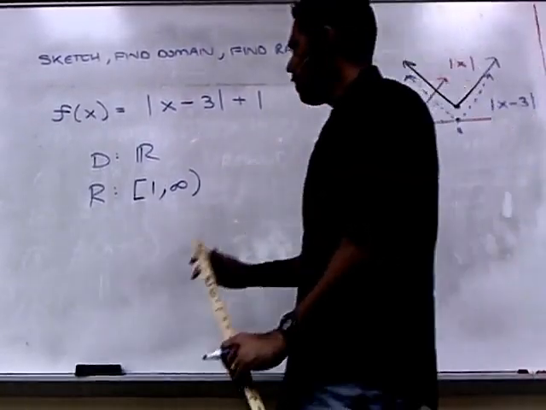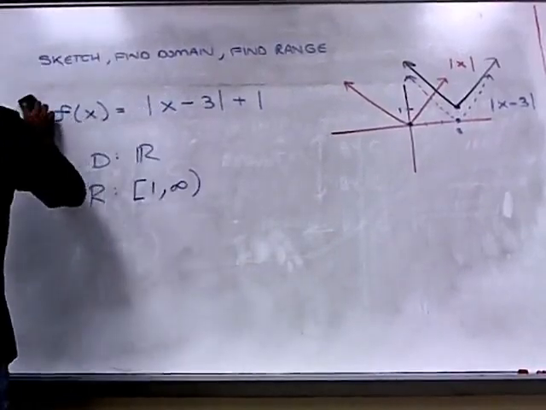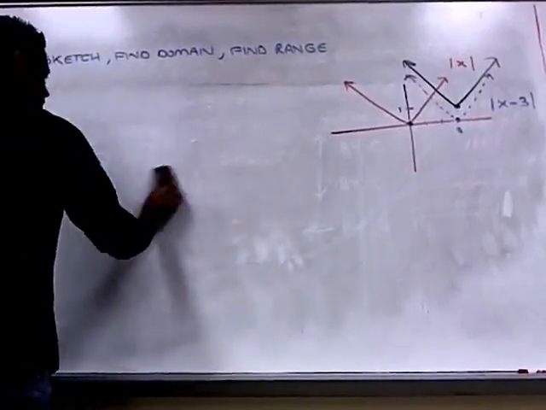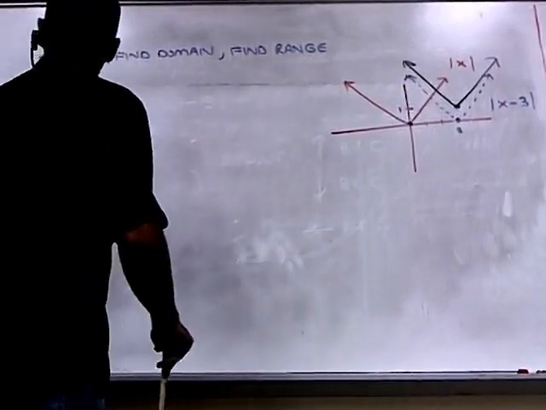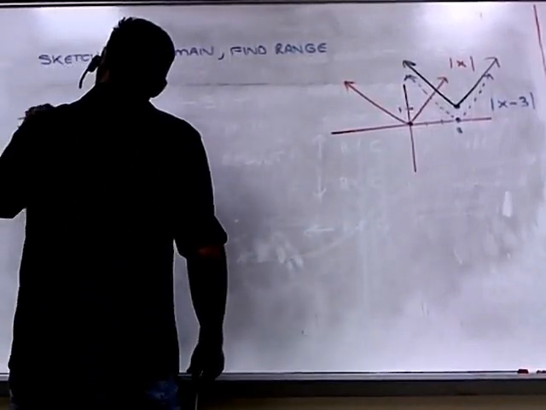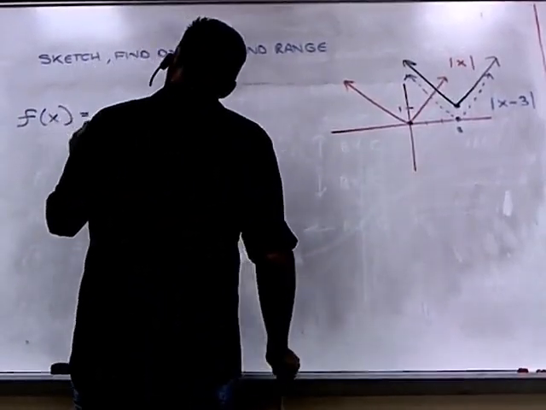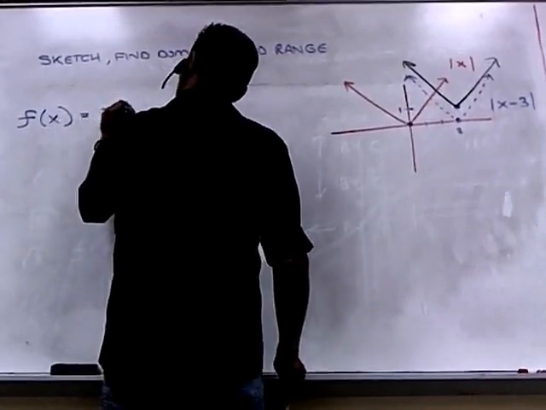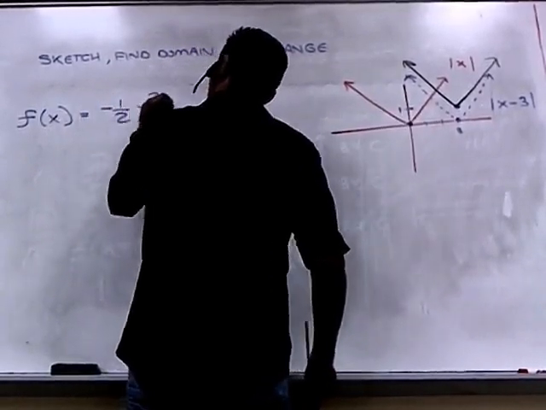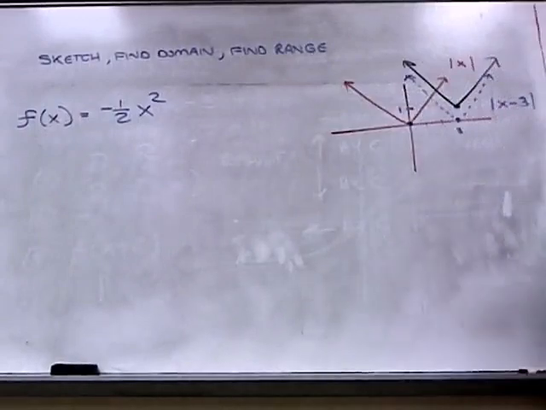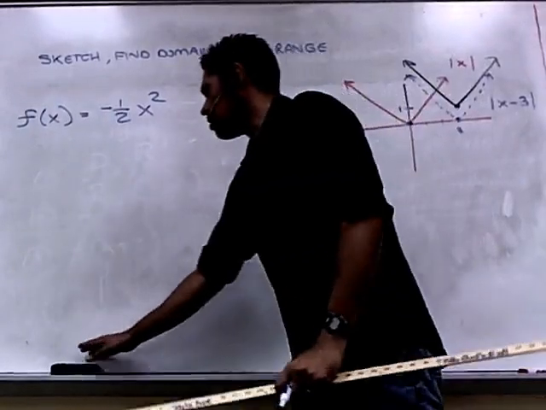Let's do another one. How about f of x equals negative 1/2 x squared? What's our toolbox function?